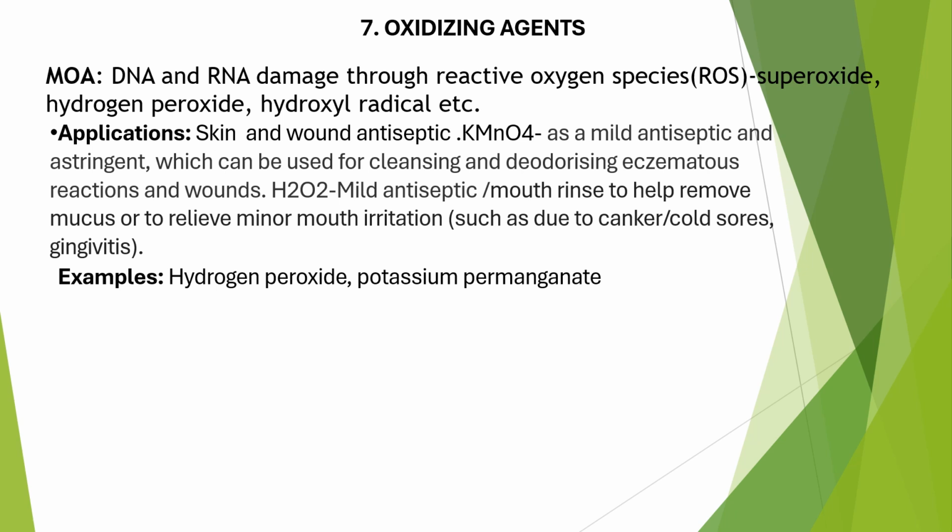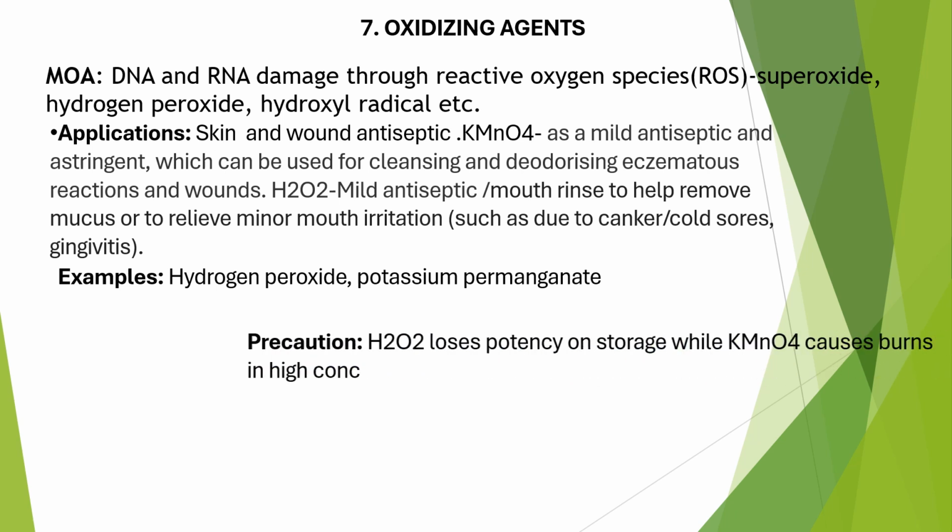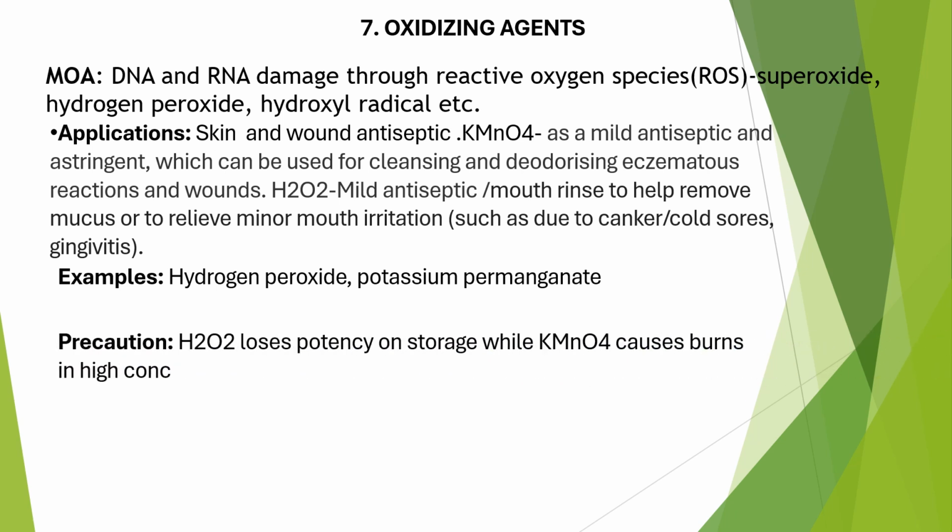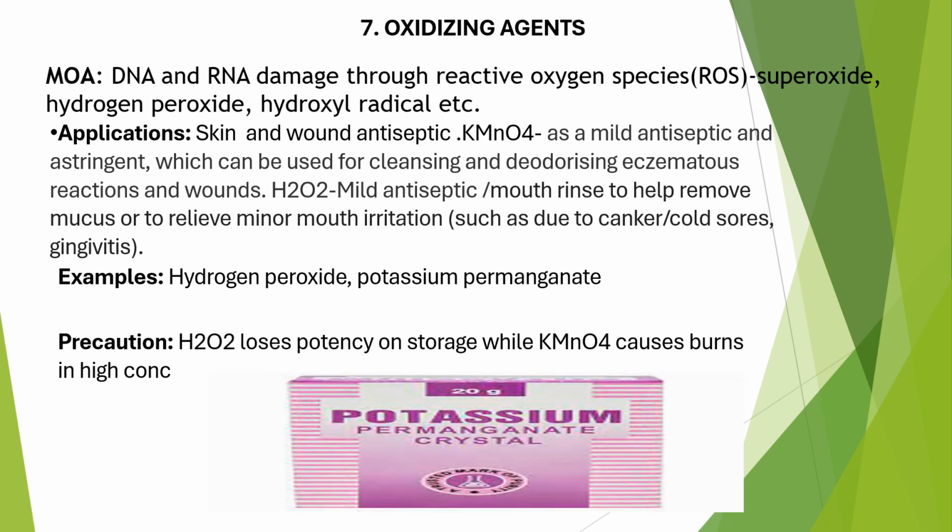Hydrogen peroxide is also a mild antiseptic and therefore can be used as a mouth rinse to help remove mucus or to relieve minor mouth irritation. The precaution is that hydrogen peroxide loses potency on storage, while potassium permanganate causes burns in high concentration.